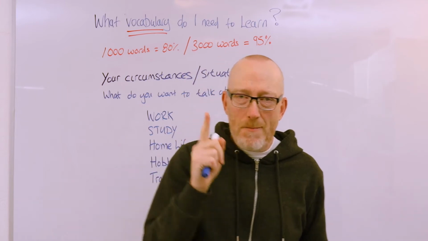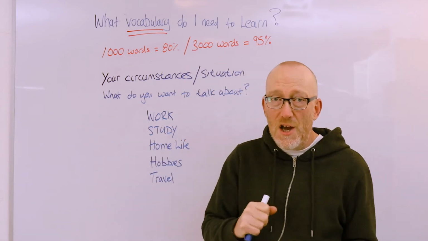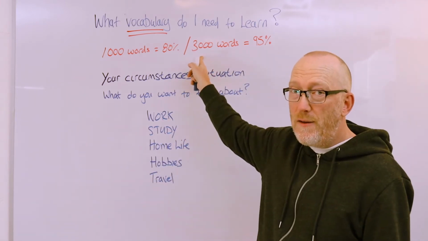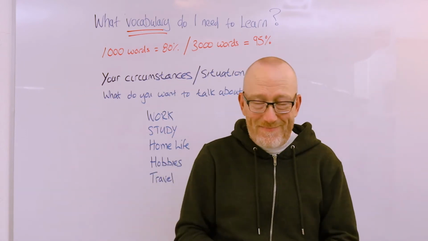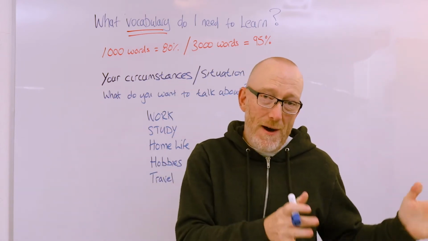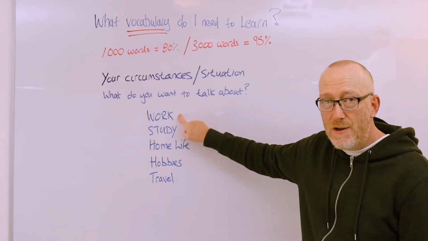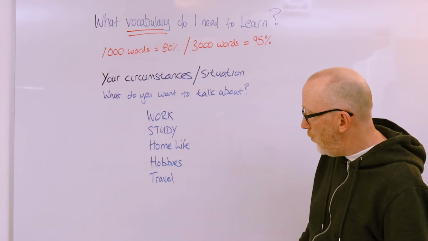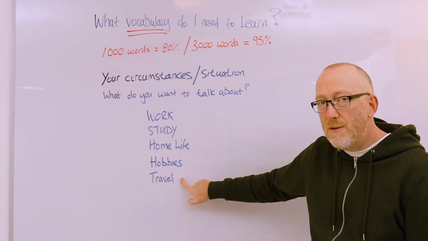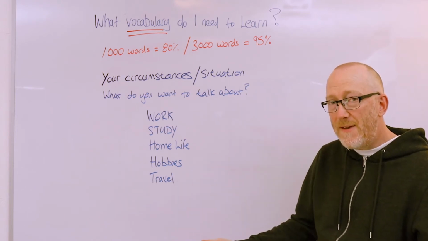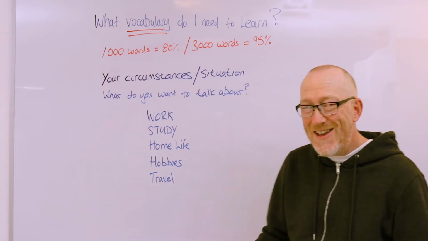And that is an important thing to remember, because you can't just learn 3,000 words and go, well, hey, it's not that easy. The 3,000 words that you use, say in this situation, are very different from the 3,000 words you probably have to use in this situation. Does that make sense? I hope it does.